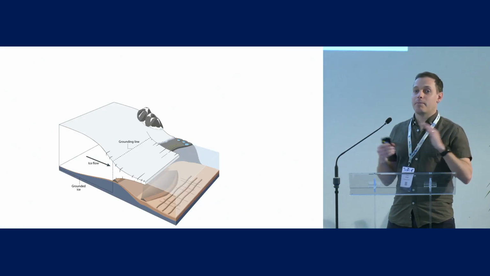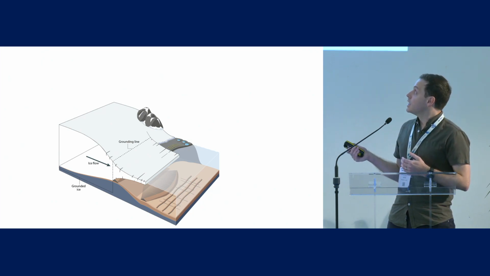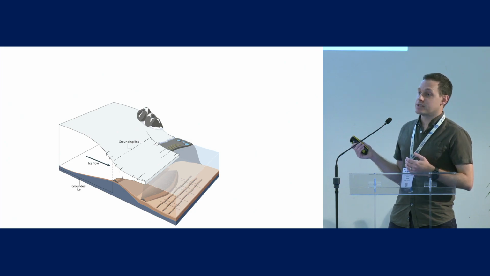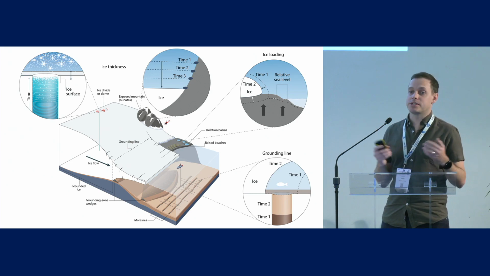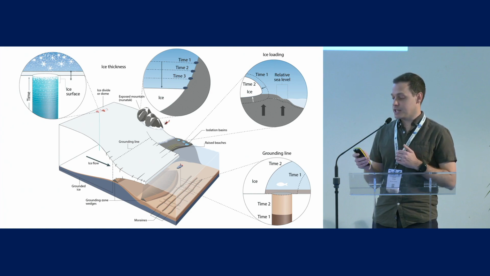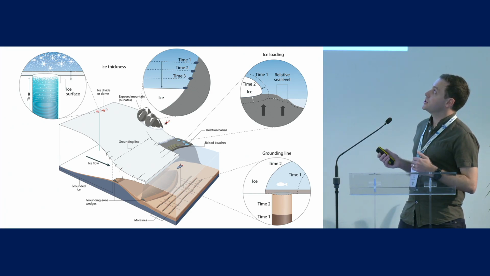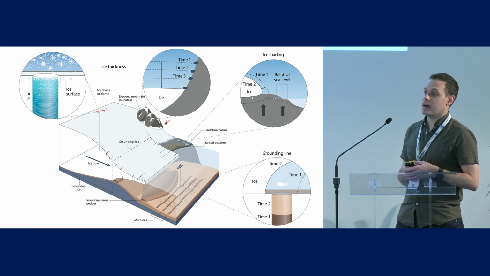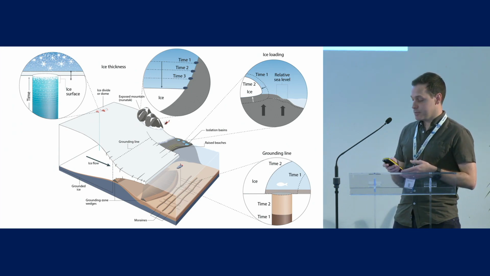We can get a better idea of how the Antarctic ice sheet changed through various types of records, from the ice divide out to the continental shelf edge. What I'm showing here are the most direct records that we have on the configuration of the ice sheet. We have ice cores, and glacial deposits on nunataks at the glacier margins, to provide an indication of ice thickness change.